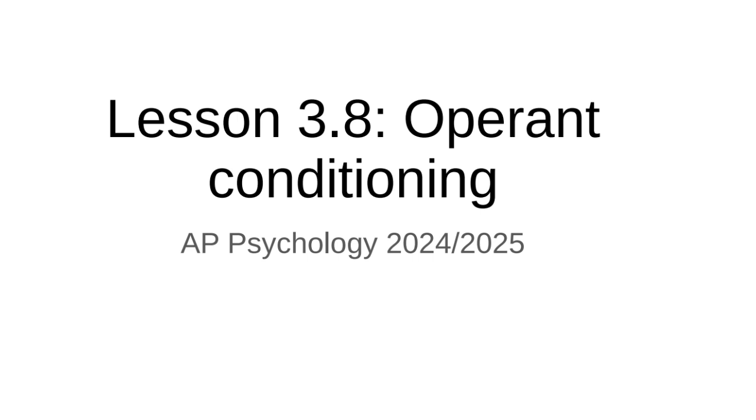Now, the next one is a variable ratio. This one is really interesting. So at a variable or unknown amount of times that the behavior is done, then you get a reward. And the best example of this is slot machines.